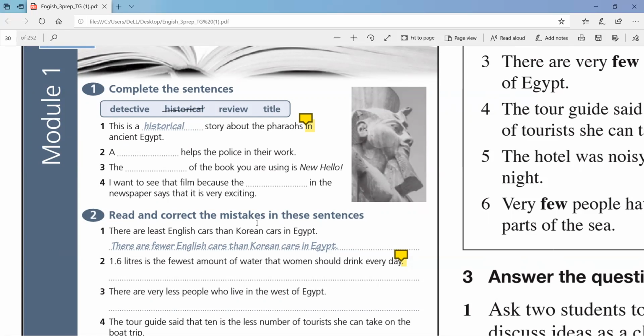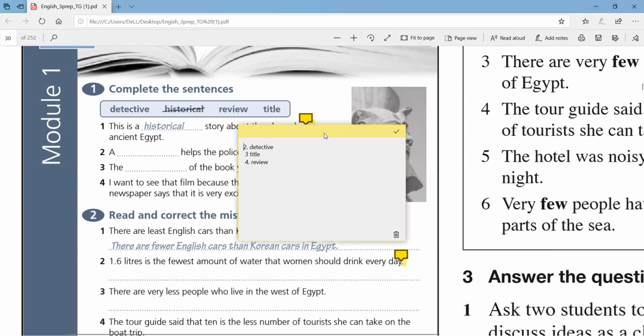Of course, the right answer is detective. The name of the book you are using is New Hello. Of course, the title of the book. Number four, I want to see that film because the review in the newspaper says that it's very exciting.